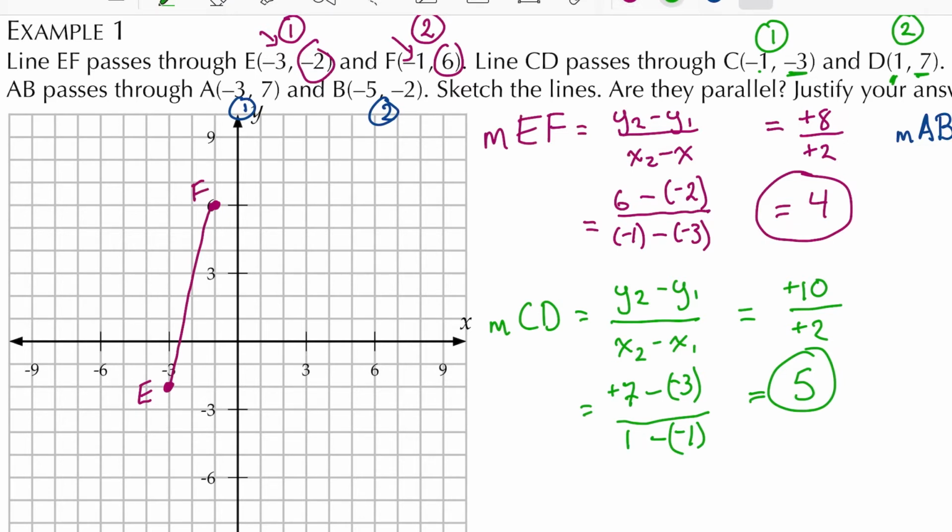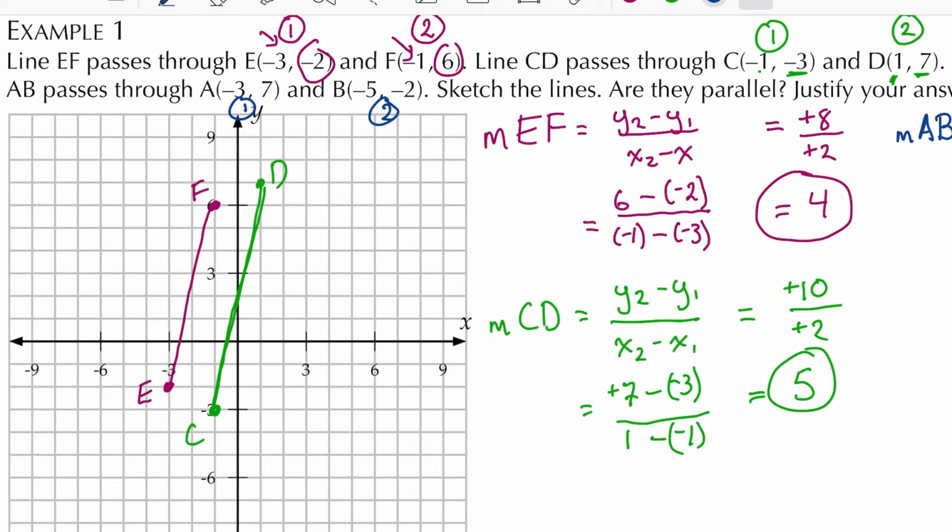Line CD goes through negative 1, negative 3 right there, and goes to 1 and 7 right here. This is C to D. They kind of look parallel on here, don't they? They kind of do, but they're not.